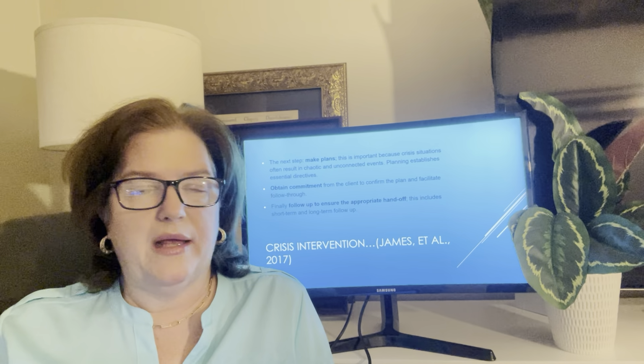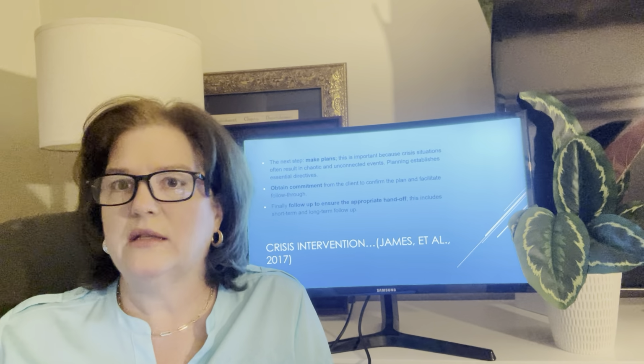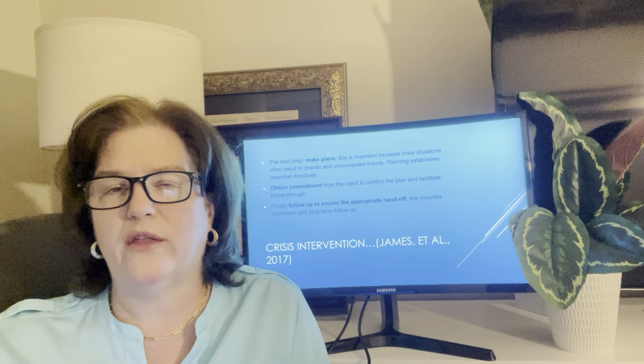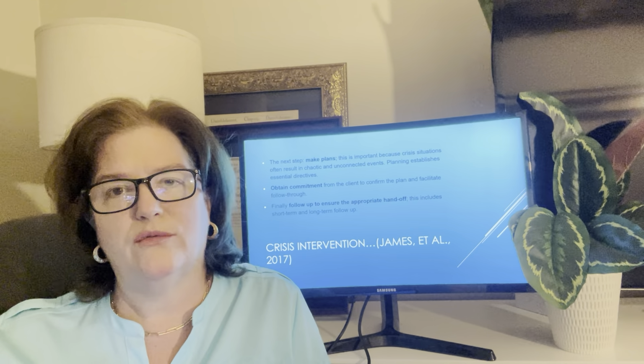So there's a plan to, okay, we're going to connect with agency X, Y, and Z and get services for housing. Then we have another agency that's going to deal with immediate food assistance.